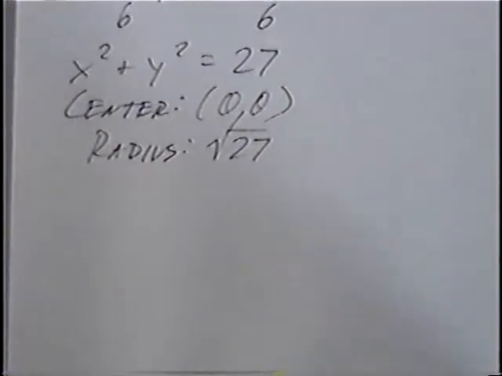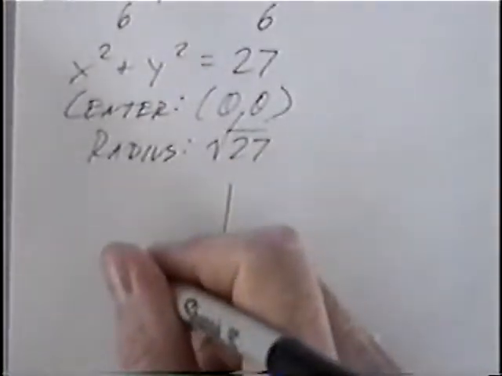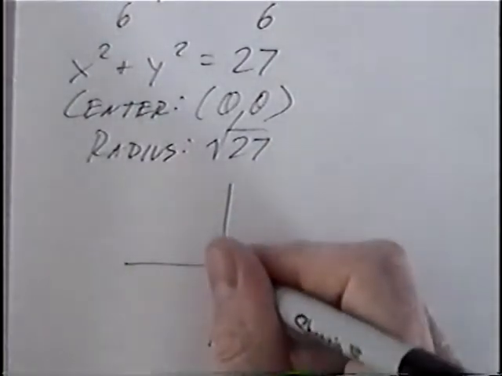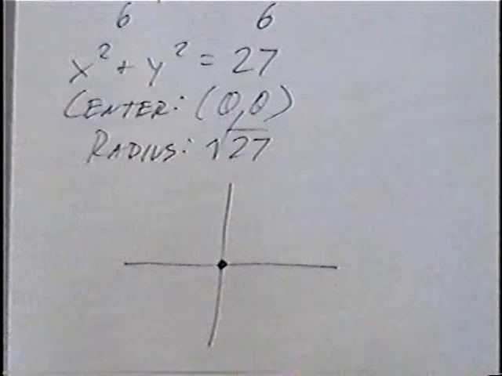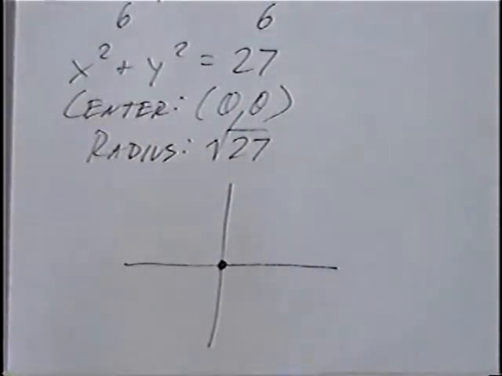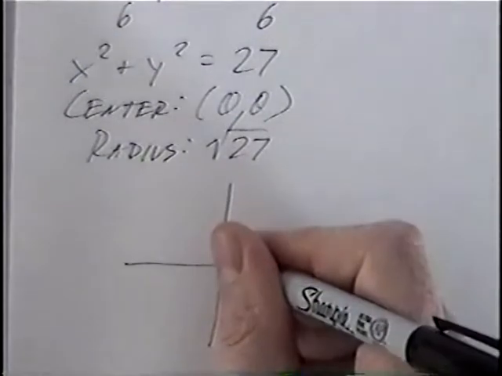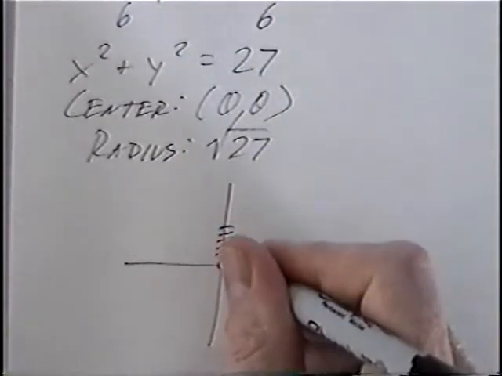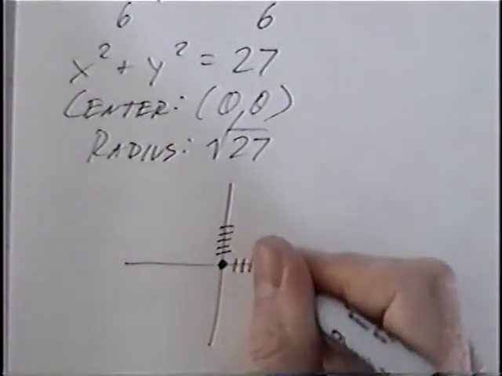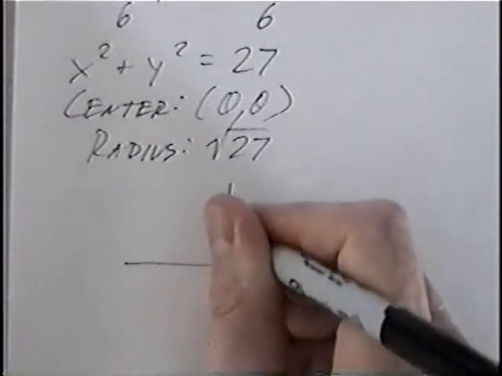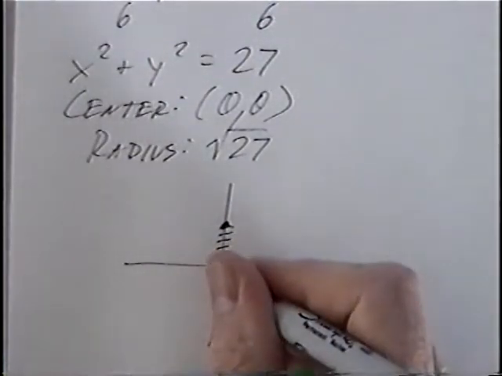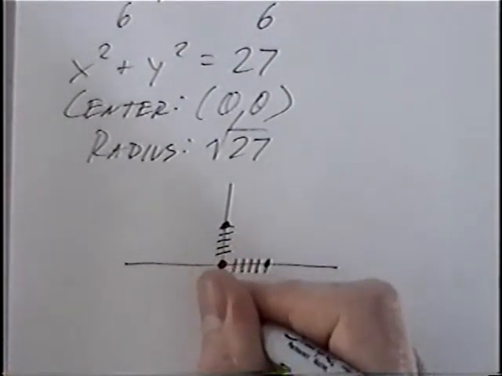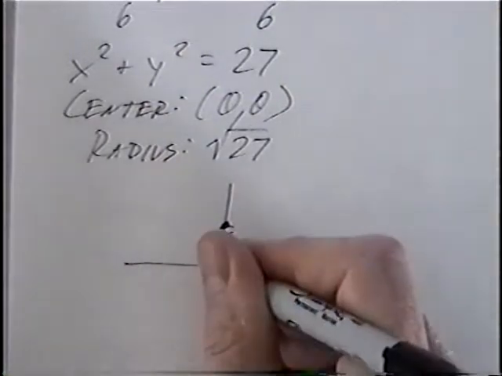To graph this question, we can draw the xy axis. The center is 0, 0. The radius is the square root of 27, which should be a little bit more than 5. So we'll go 5 spots up and 5 spots to the right and 5 spots down and 5 spots to the left.